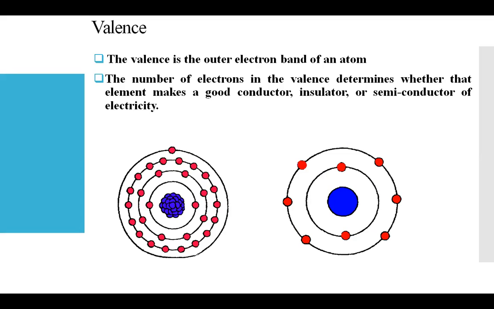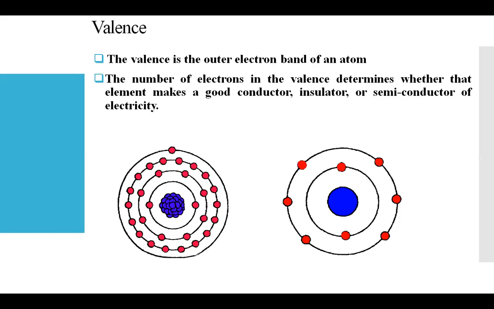Right now it is just information about what the valence is: the outer electron band of the atom, and the number of electrons in the valence determines whether that element makes a good conductor, insulator, or semiconductor of electricity. We will identify that in detail later.